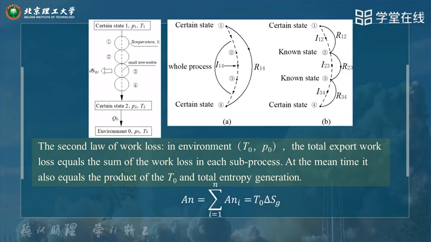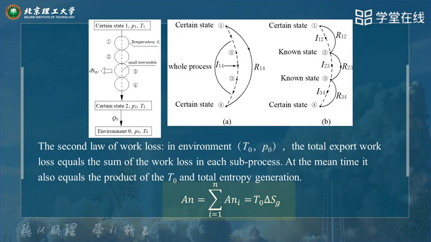Okay, the second law of work loss tells us in environment T0, P0, the total export work loss equals the sum of the work loss in each sub-process. At the same time, it also equals the product of the T0 and the total entropy generation.